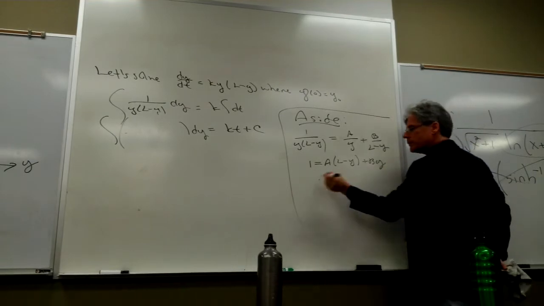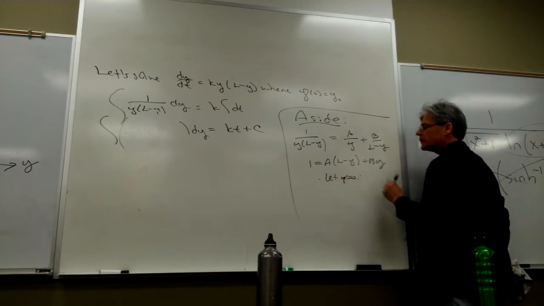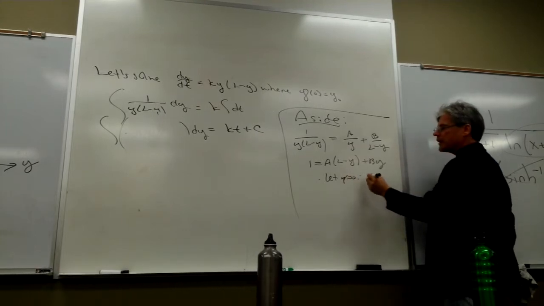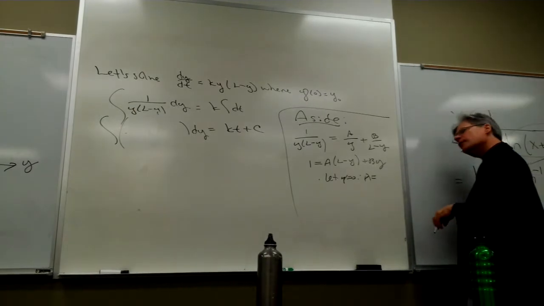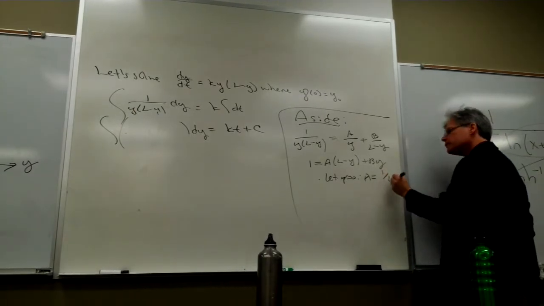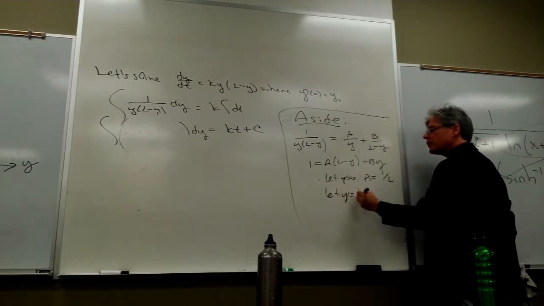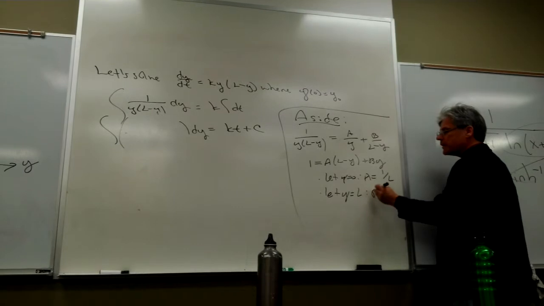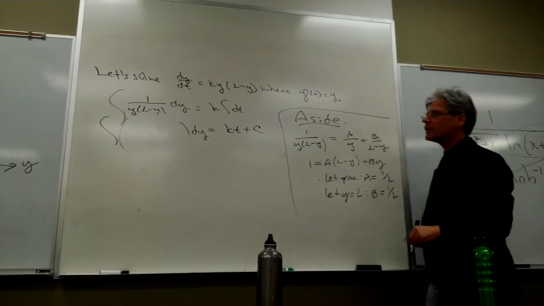Set y equal to 0. Doesn't that necessarily mean that, I don't know, A is equal to, I'm so tired, is that negative 1 over L, or positive 1 over L? But if I allow my y to be the other 0, which is positive L, doesn't that simply mean that B is equal to 1 over L? So I was right after all, wasn't I?